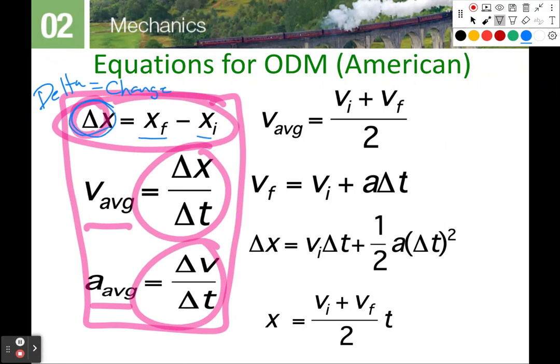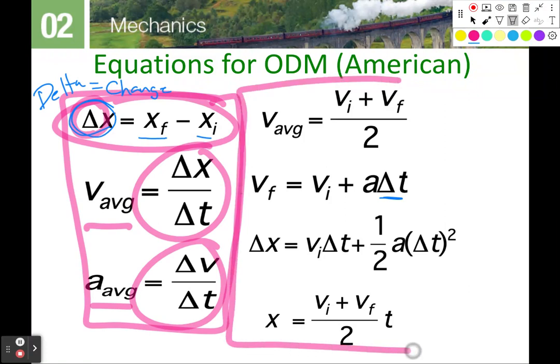So if something moves 16 meters, that means its delta x or its delta displacement would just be 16 meters. You'll notice delta time over here. That just means a change in time. So if something happens over 5 seconds, that literally means the delta t is 5 seconds. Now, these four over here are what we are eventually going to call the big four on our upcoming slides.